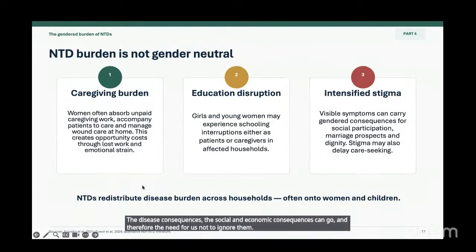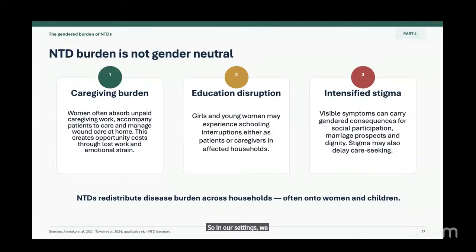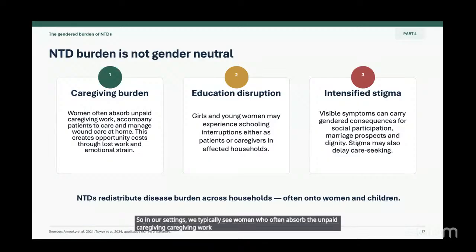We should also note that in our cultural settings, we cannot ignore that the NTD burden is actually not gender neutral. In our settings, we typically see women who often absorb the unpaid caregiving work. They usually have to leave their productive activities and take care of the sick individual until they get healed. And that burden usually falls on the woman in the household.